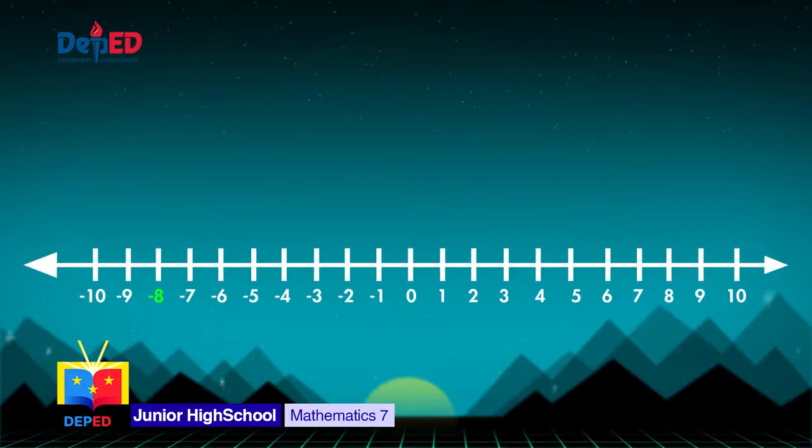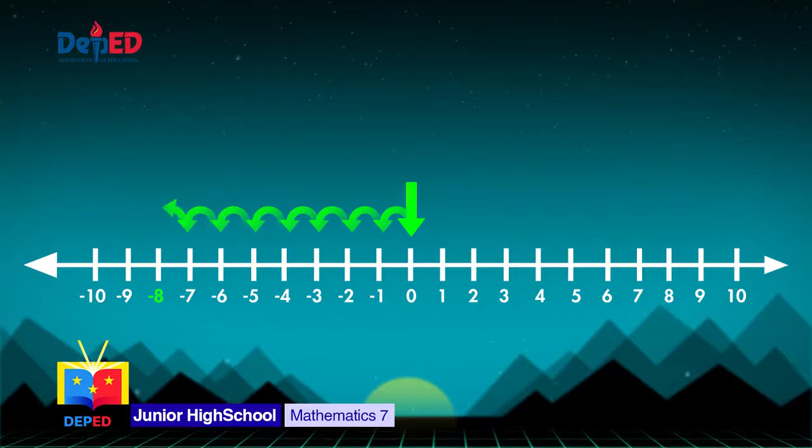For the last item, from 0, we need to count 8 units to the left. 1, 2, 3, 4, 5, 6, 7, and 8. Then plot the point. We have 8 units from 0 to -8.